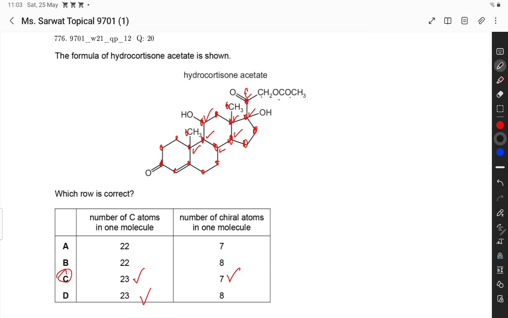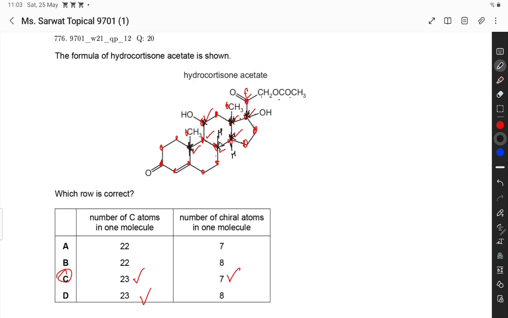Look here, this is a chiral carbon, 1, 2, 3. This is a chiral carbon. This is a chiral carbon, 1, 2, H, CH2. This is a chiral carbon. This is a chiral carbon, and this is also a chiral carbon, because see, this is different, this is different, and this is also different, H. This is also a chiral carbon atom.